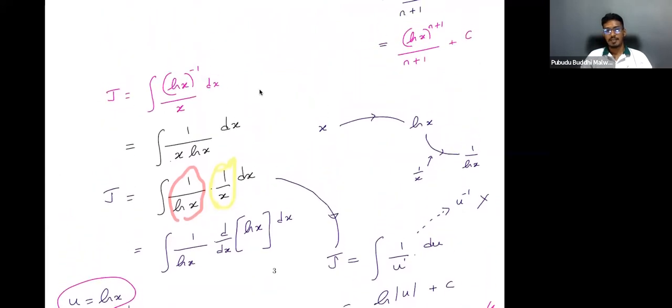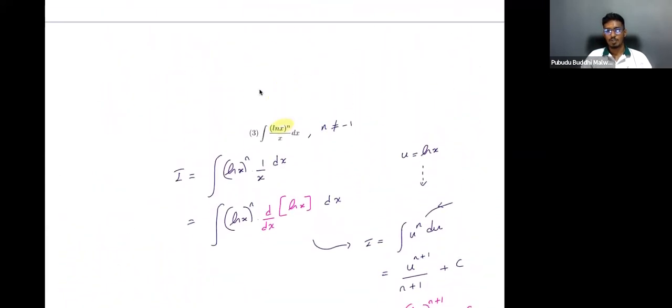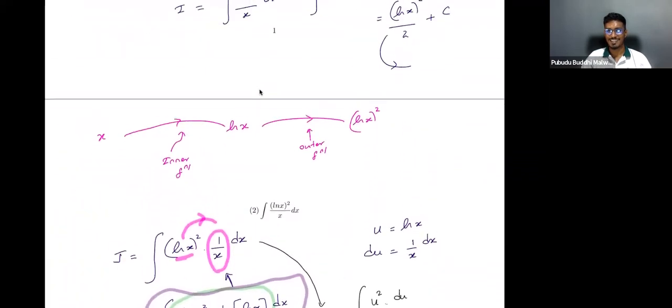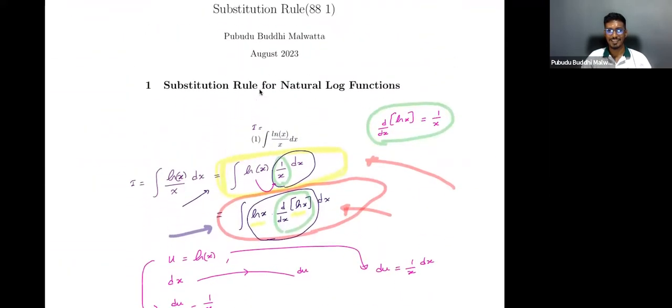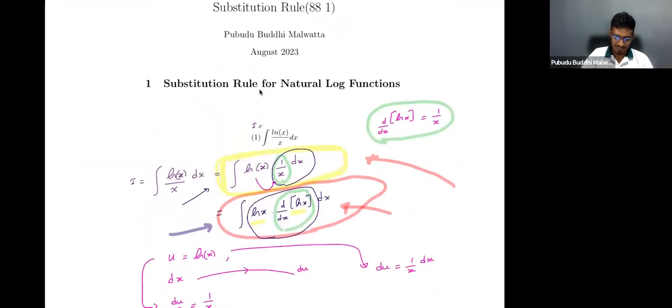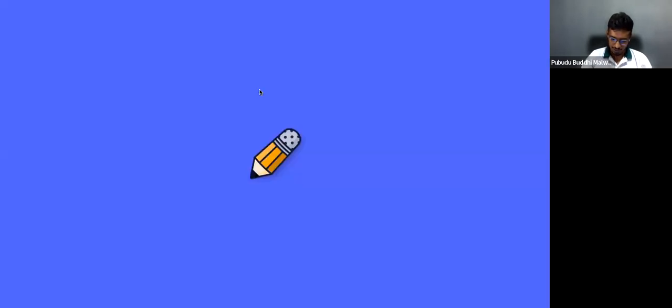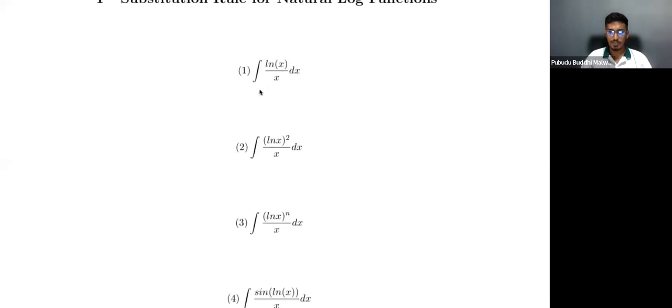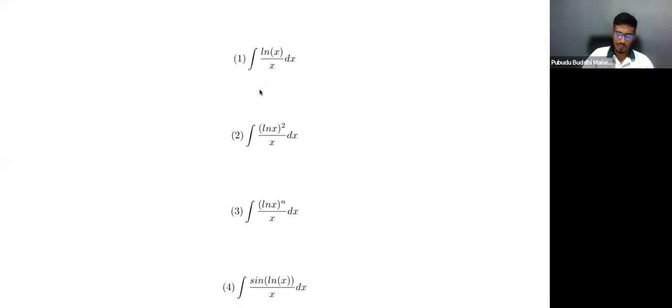But the interesting thing is for all of these problems, I used the same substitution. Why? Because of one reason. You can identify that. That's great actually. Let me show you all the problems. All of these problems, I used the same substitution, which is natural log of x. That's because of this x.